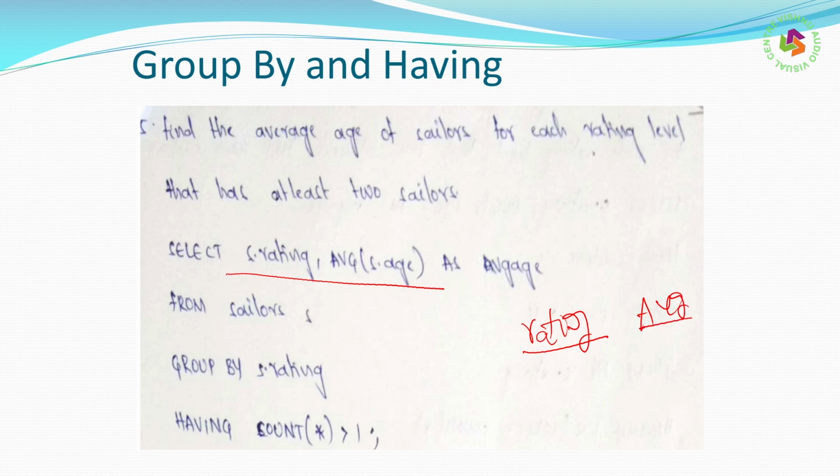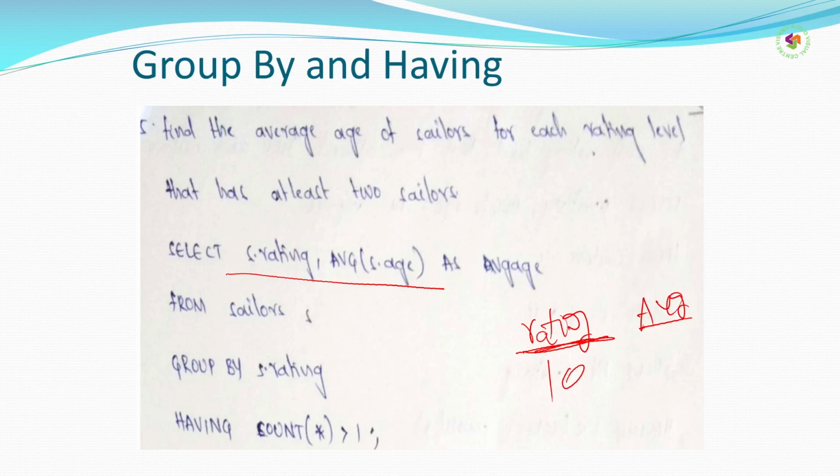In the question, you first have to get clarity on what is mentioned, then you can give the SELECT portion easily. Find the average age of sailors for each rating level. For rating 10, what is the average age?